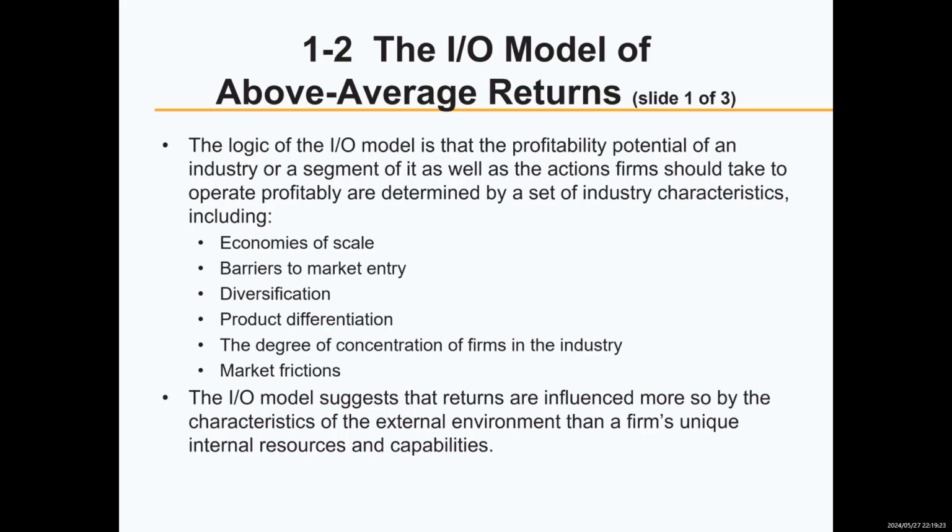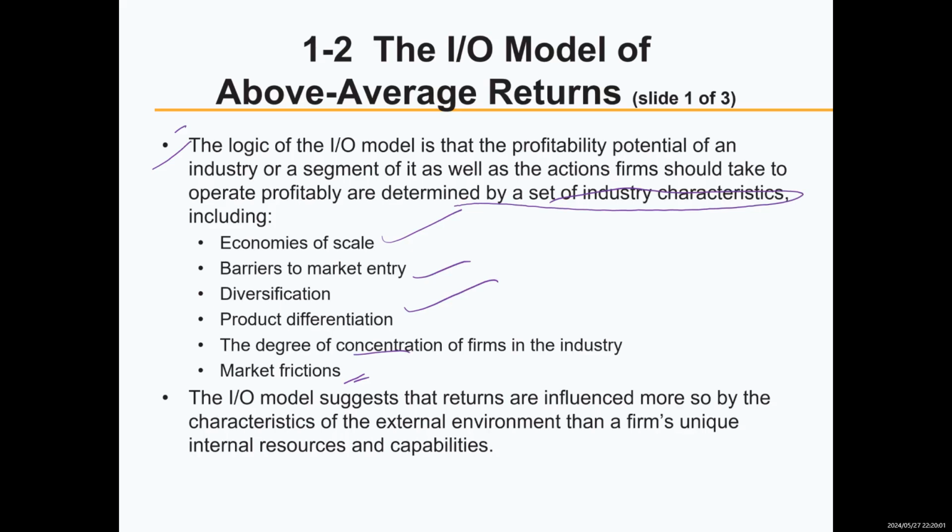So the logic of the IO model is that the profitability potential of an industry or a segment, as well as the actions firms should take to operate profitably, are determined by the characteristics of the industry. For example, economies of scale, barriers to entry, diversification, product differentiation, degree of concentration of the firms in the industry, and market friction.